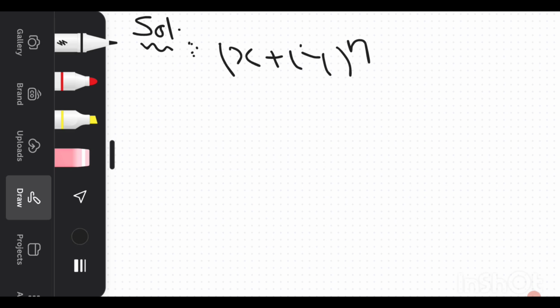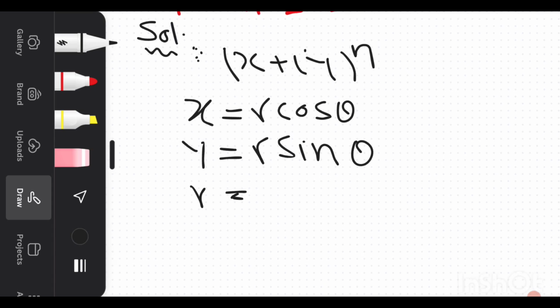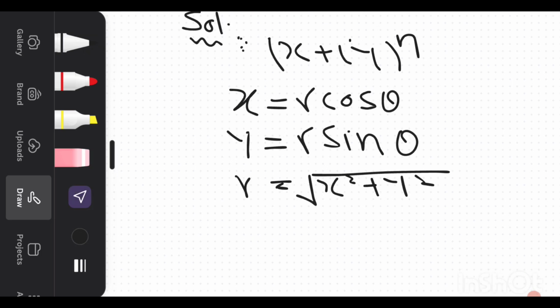In such type of question, we know that x is equal to r cos of theta in polar form, and y is equal to r sine of theta. And we know that r is equal to the modulus of z, which is equal to the square root of x square plus y square. Okay, now put the values of x and y in the above equation.